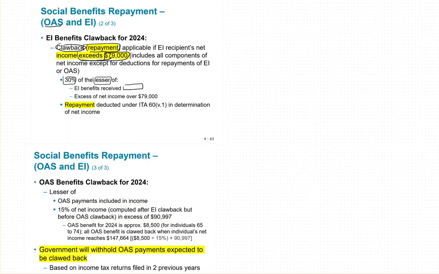When it's a clawback or repayment, it is deducted when you calculate your net income.